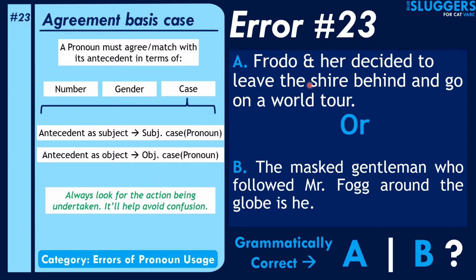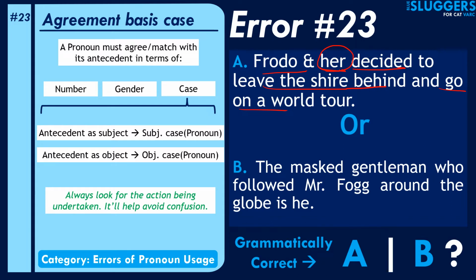Simple. So in this case, Frodo and her, both of them decided to leave the Shire, right? So what is the action here? The action is deciding to leave the Shire behind and going on a world tour. So these are the actions. So who's committing the actions? Who's on the doer side? Frodo and her, they are on the doer side. Now her refers to a particular person here, which has not been mentioned. I guess Frodo wanted to be discreet about it.